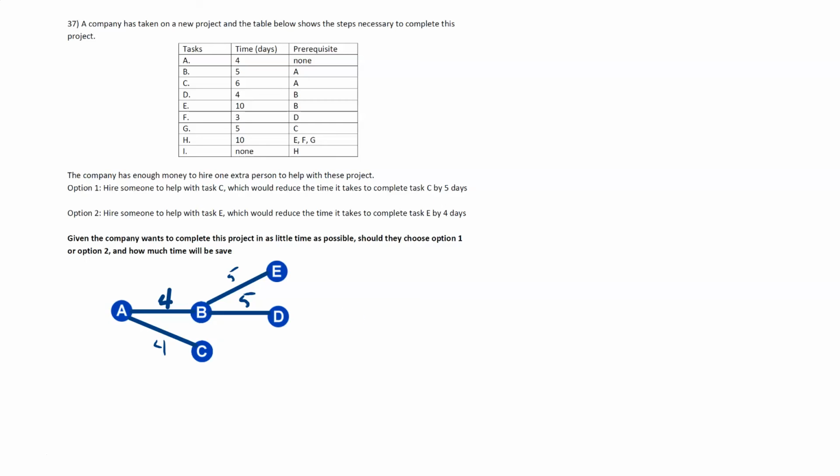Task F requires task D to be completed. Task G requires task C to be complete. Task H requires that E, F, and G all be completed.